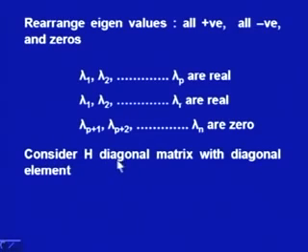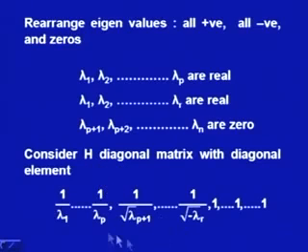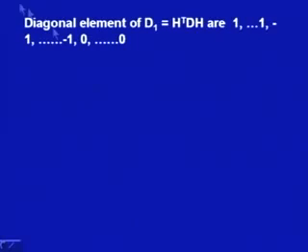Now, we consider another diagonal matrix H with diagonal elements 1 over root lambda 1, ..., 1 over root lambda p, and then the negative terms are written with a minus sign under the root. So, lambda r is negative, so we write it as 1 over root of minus lambda r, and then we write 1, 1, 1 corresponding to the zero values. So, I form a matrix H with these eigenvalues. Now, let us consider the matrix D1 as H transpose DH.